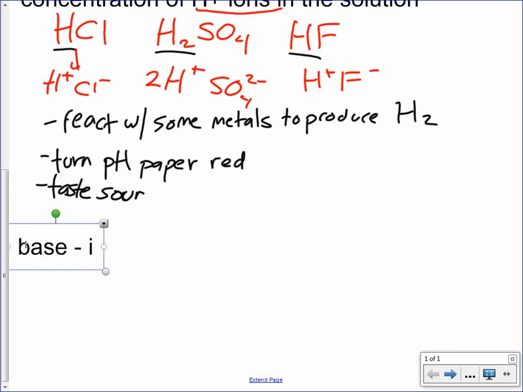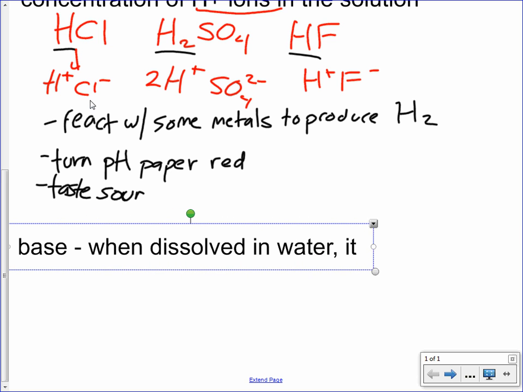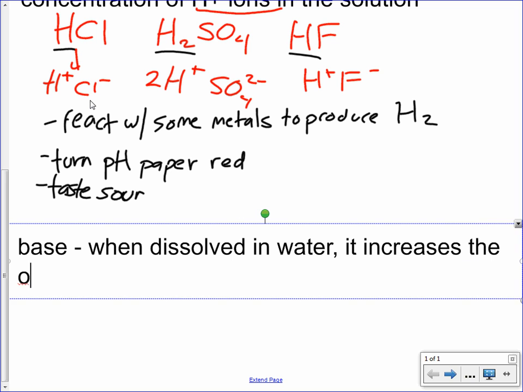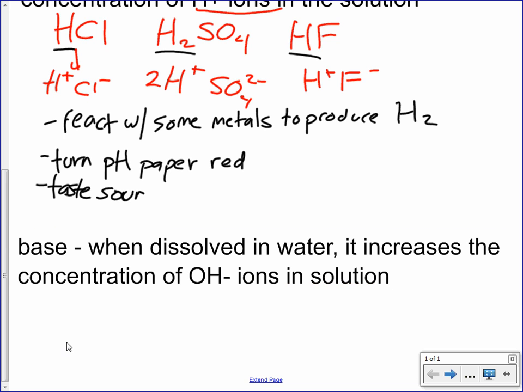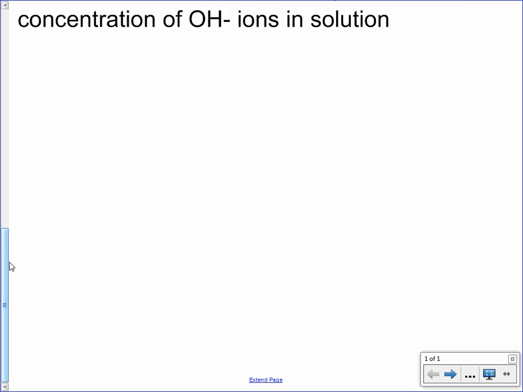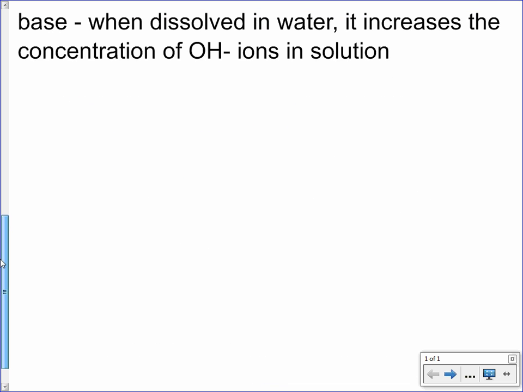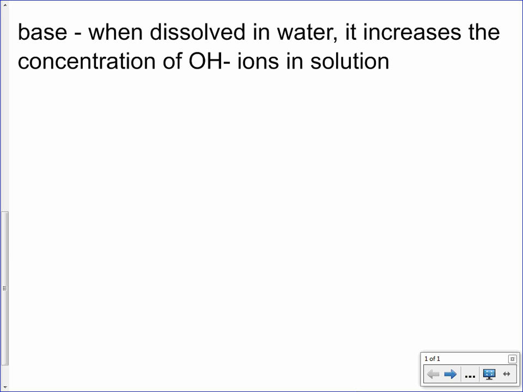A base is, again, when dissolved in water, and water is the key here, something that increases the concentration of hydroxide ions in solution. Let's do the beaker example again. We've got a beaker full of water, and I take sodium hydroxide, a common base.